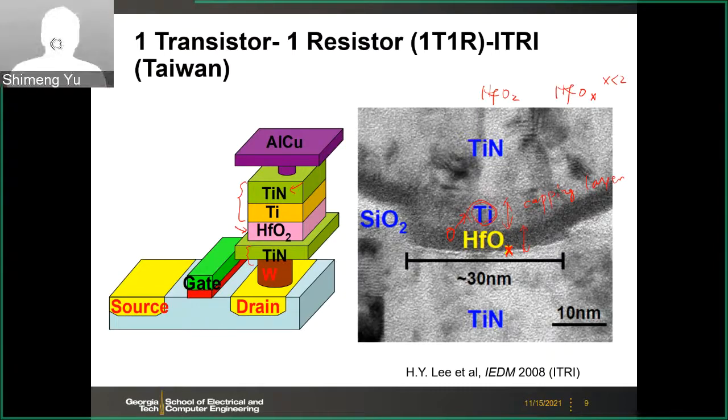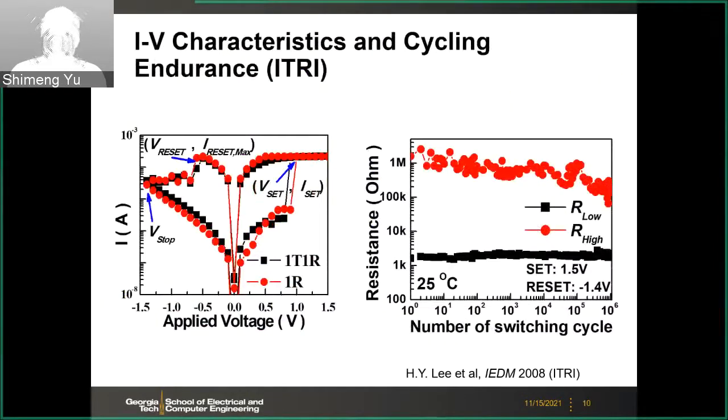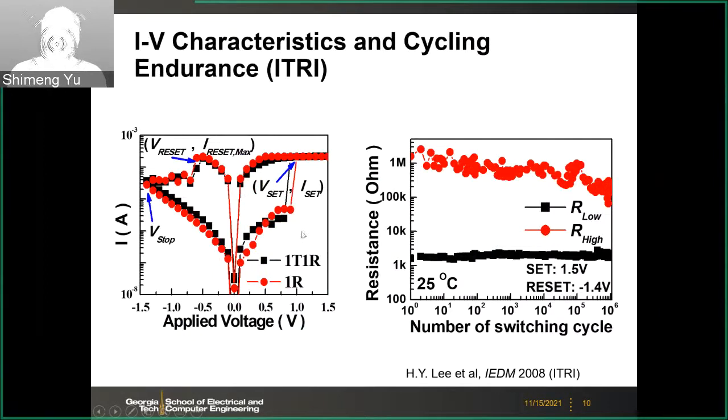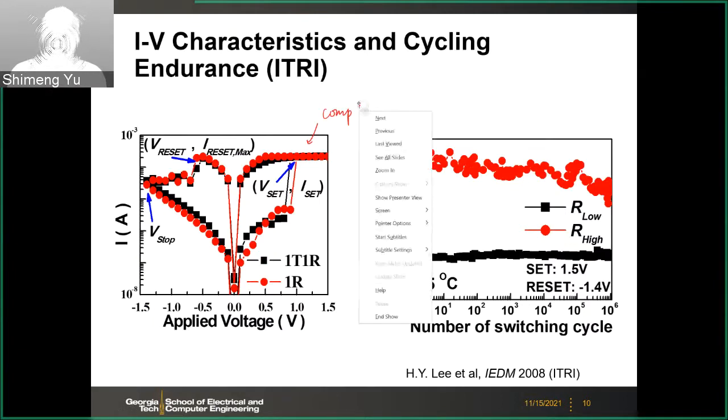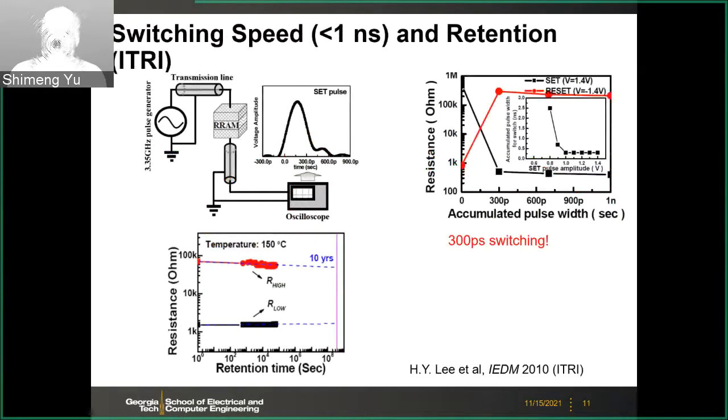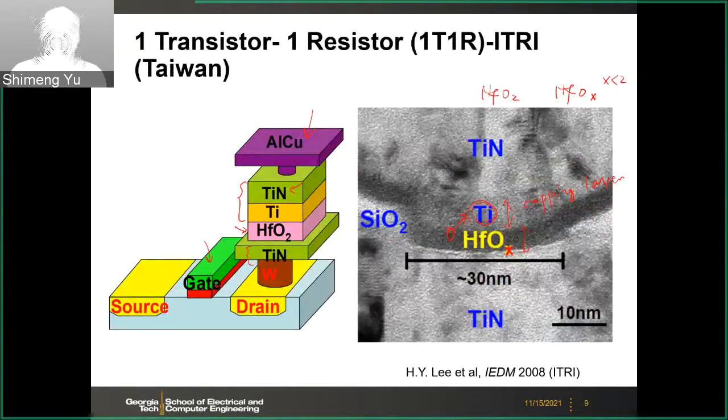Okay, so with this 1T1R structure, if you measure the IV characteristics, here is the typical double sweep as we showed earlier. You can apply the voltage to the bit line, that means to here. Then you will see this double sweep with the set voltage, reset voltage, and here the current compliance, which can be modulated by the transistor's gate voltage.